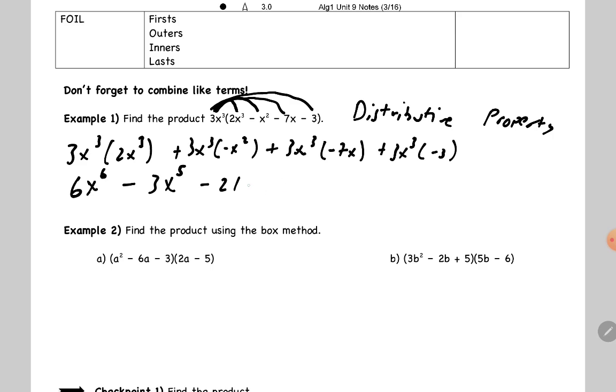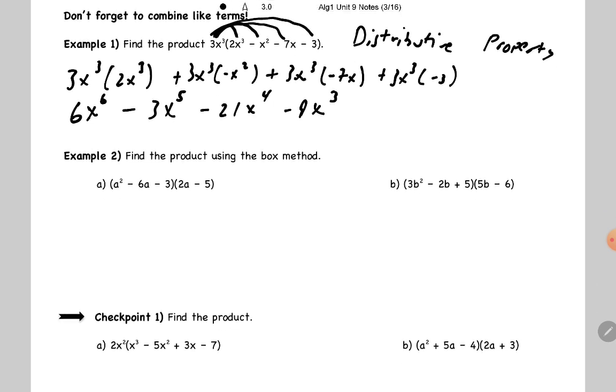X cubed times x to the first is x to the 4th. And then lastly, 3x cubed times the quantity negative 3. So that's just negative 9x cubed. So you multiply your numbers together, and when you multiply exponents with the same base, you add the exponents.